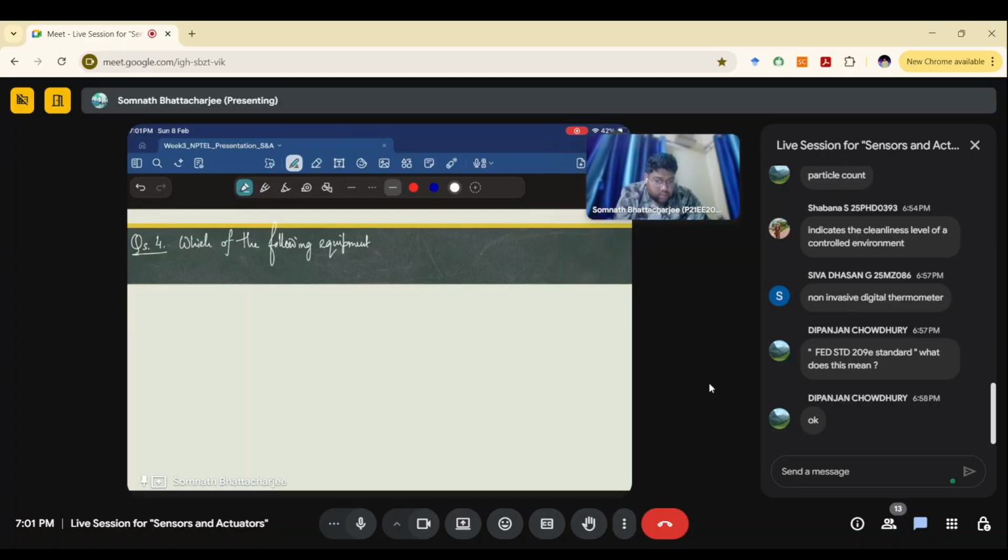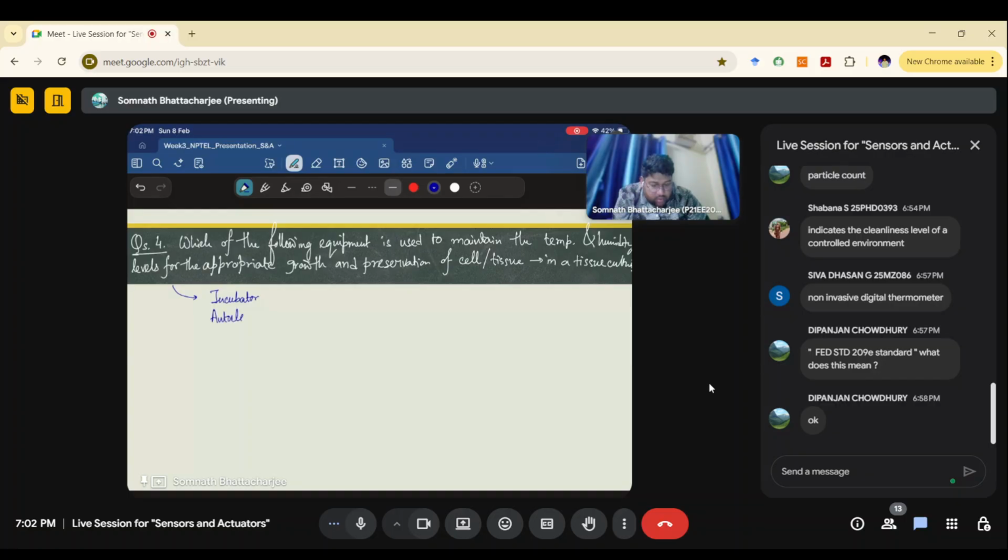Which of the following equipment is used to maintain the temperature and humidity levels for the appropriate growth and preservation of cell or tissue in a tissue culture or cell culture? The options are incubator, autoclave, and desiccator.